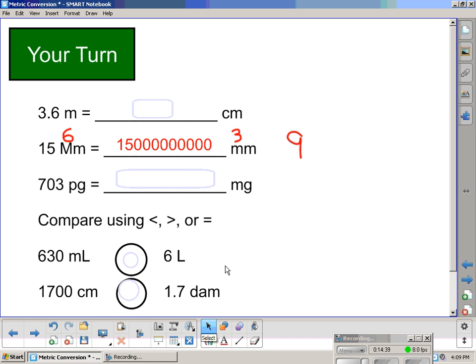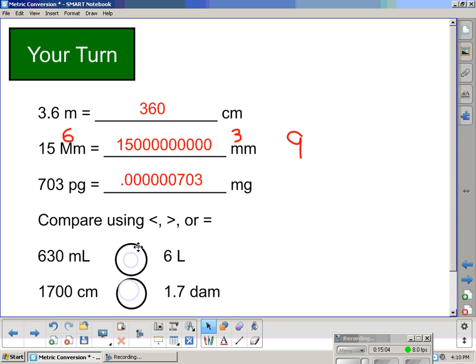So that should make sense. These other ones you should be able to do. They're really no different than what we've done before, just looking at your rules. Bigger unit to a smaller unit, your number gets bigger by 2 decimal places. And here we have a small unit to a bigger unit, so the number should get smaller. And there we have a smaller number.